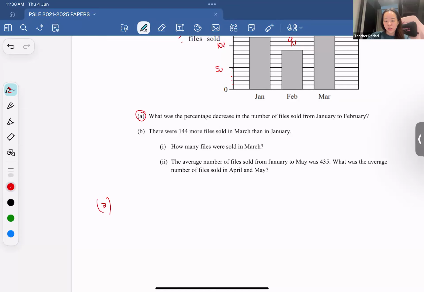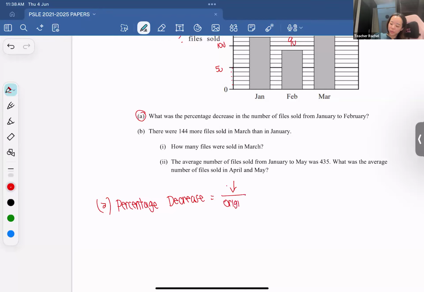Percentage decrease equals to what? The change, which is the decrease, right? Yes, correct, Alicia, you're right. The decrease over the original times 100%.